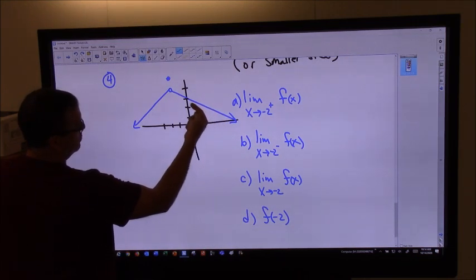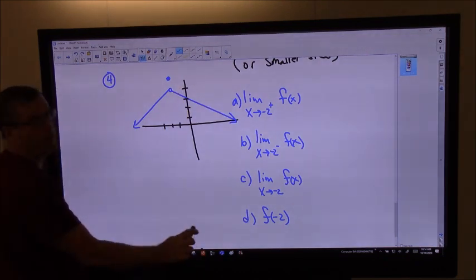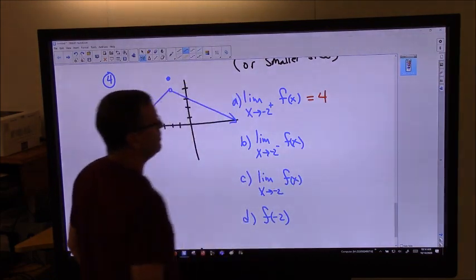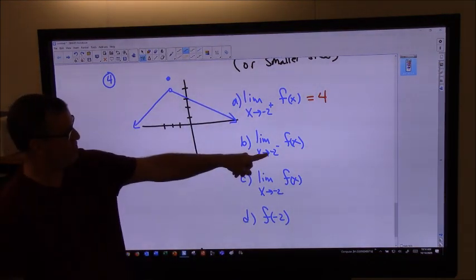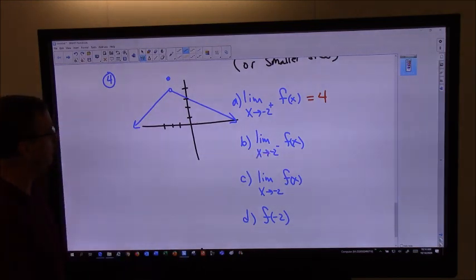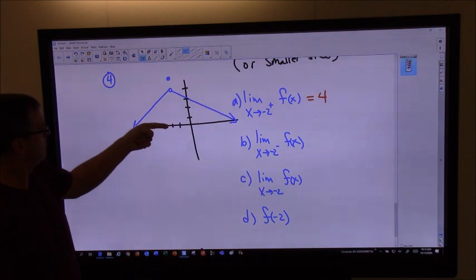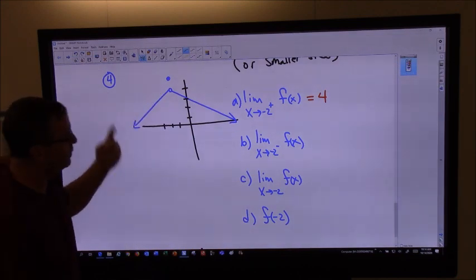What are my y values getting close to? Looks like they're getting close to 4. So there's my answer. What's the limit as we get close to -2 from the smaller side? Okay, well now I'm coming at it from this direction. Getting close to -2. My y values are getting close to 4.